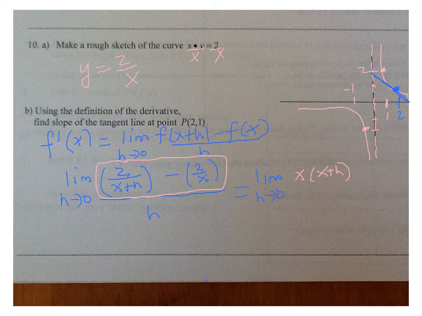Now, if you don't know why that's true, you need to go back and look at some fraction work, which if we want the denominator to be x times x plus h, then I'm going to need to multiply this fraction by x over x and the second fraction by x plus h divided by x plus h. Both of those are forms of 1, so I'm not changing my numerator at all. It's just a different form.